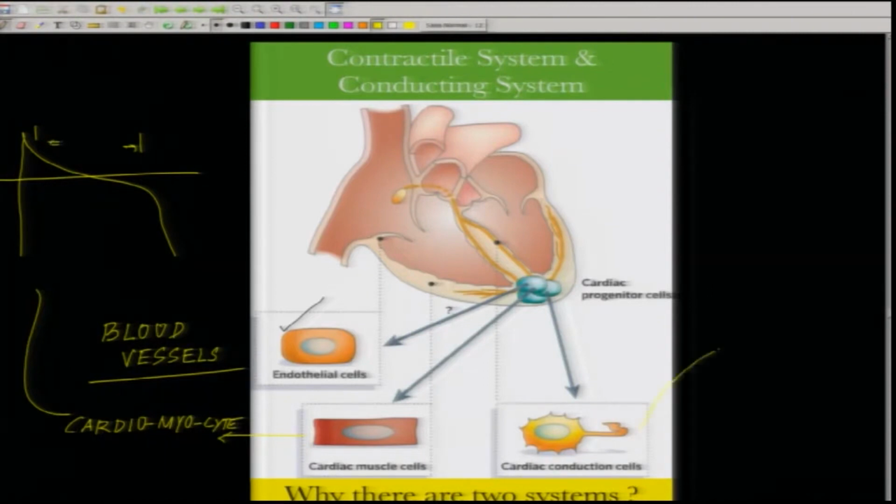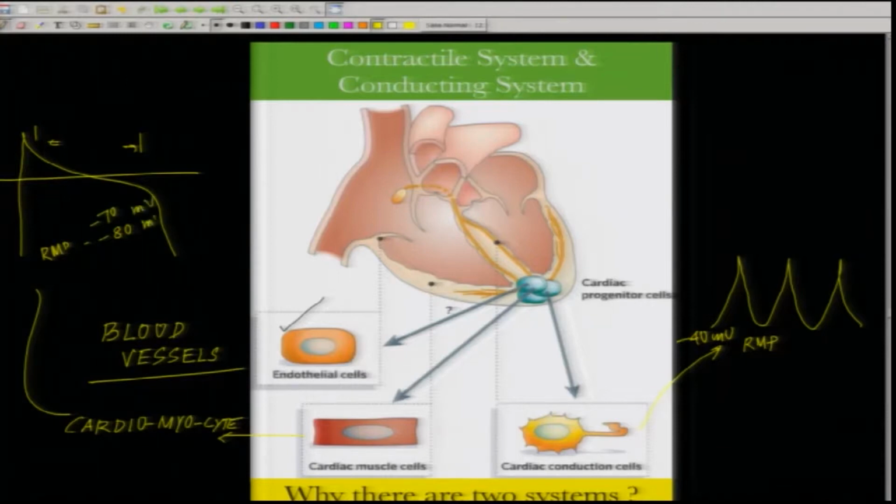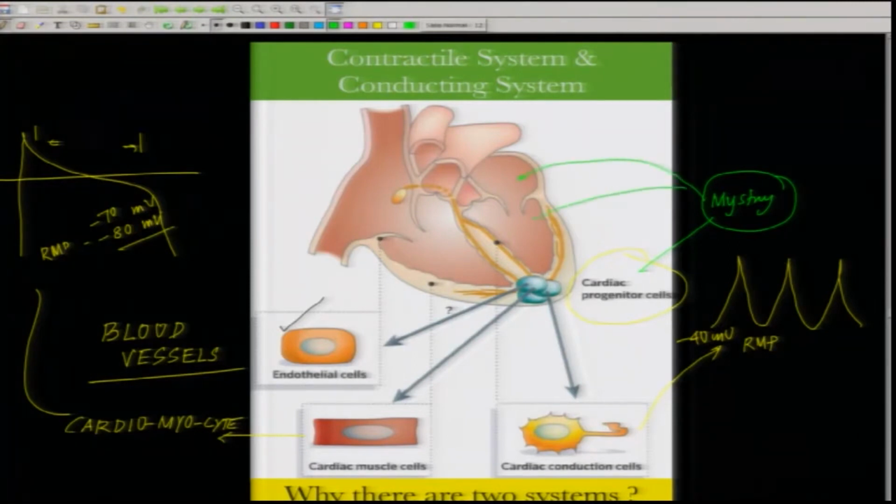You have conduction cells which are spontaneously active and sitting at minus 40 millivolt resting membrane potential, whereas these are sitting at a resting membrane potential of minus 70 to minus 80 millivolt. And here you have the cardiac progenitor cells whose functions are still a mystery, such as how they are helping, or whether they could help in repairing the cardiac myocytes. And here is your SA node, AV node, bundle of His, Purkinje fiber likewise.